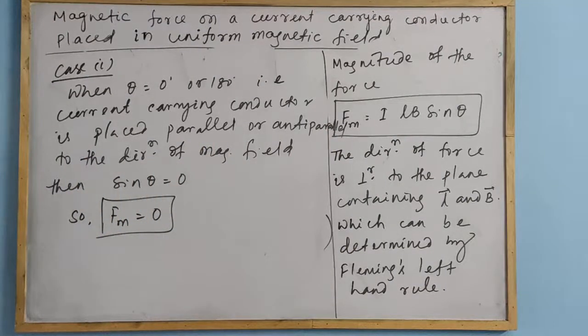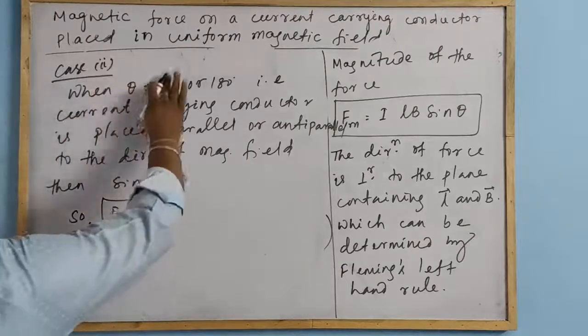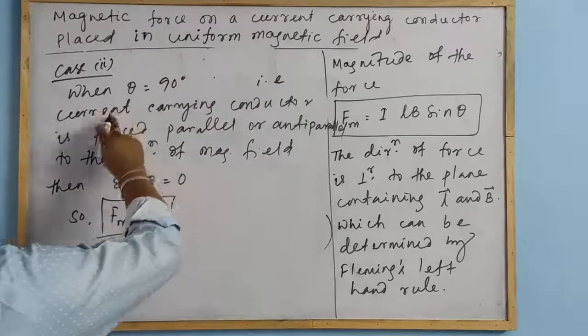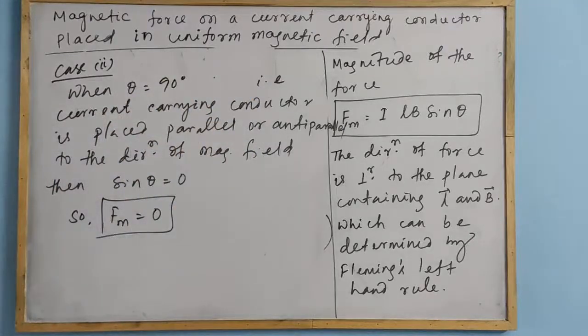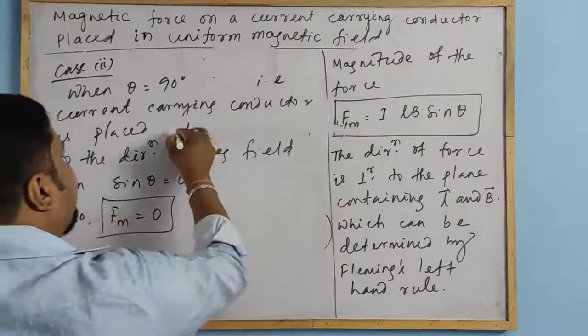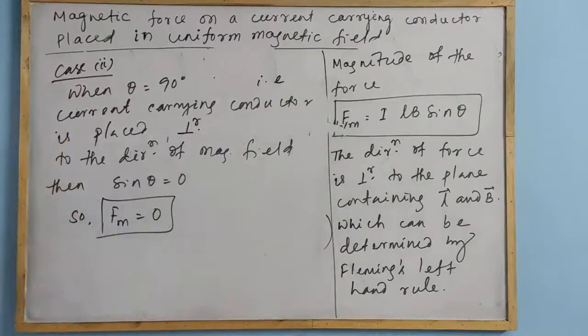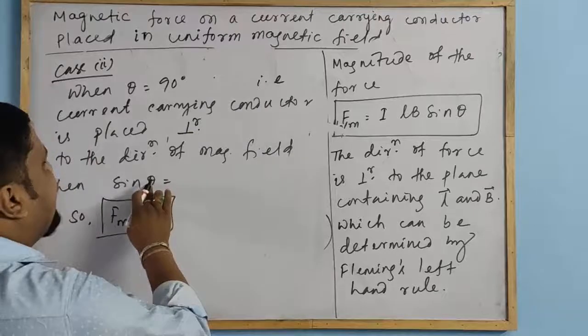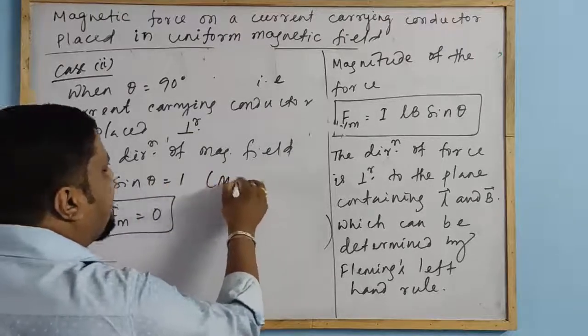Next, case 2. When theta is equal to 90, that is, the current carrying conductor is placed perpendicular to the direction of the magnetic field. So sin theta is sin 90, which is maximum.